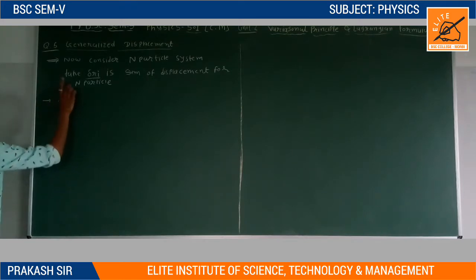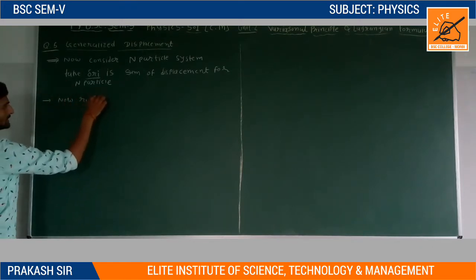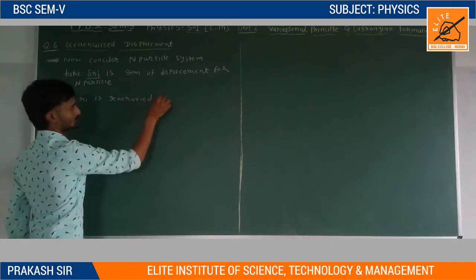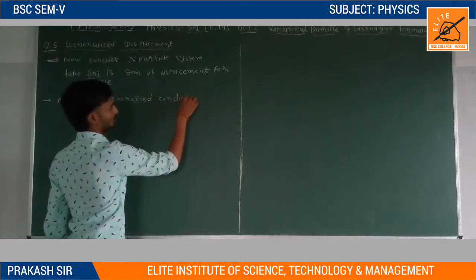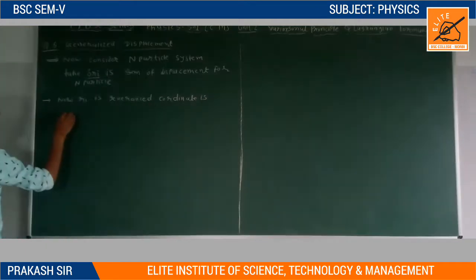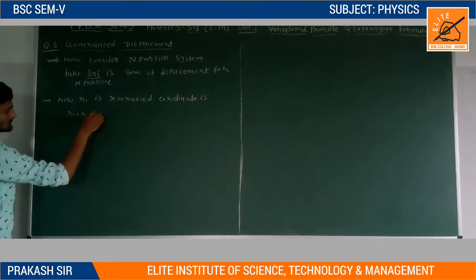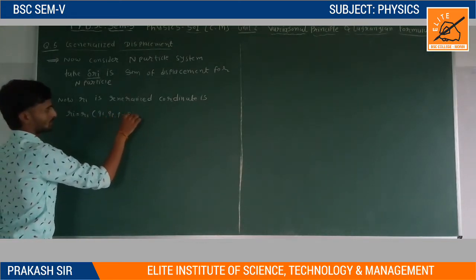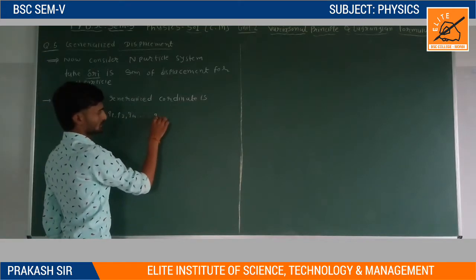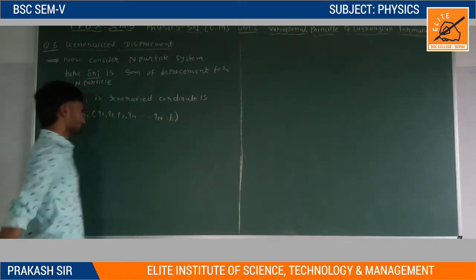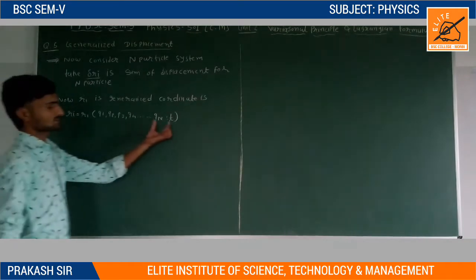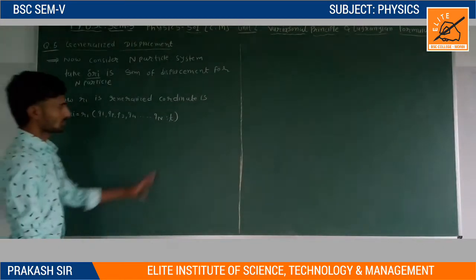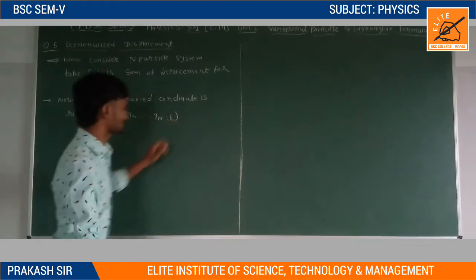Now Ri is a function of the generalized coordinates Q1, Q2, Q3, Q4, up to Qn, and time.